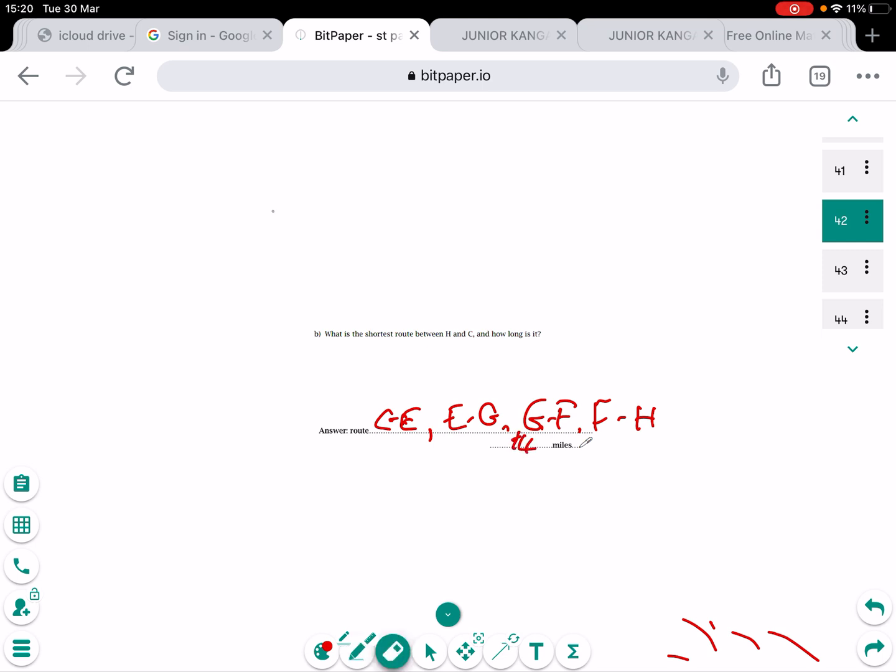And why is the stripe side down there? So yeah, and that's our answer for this one.